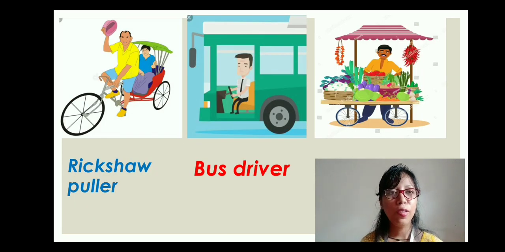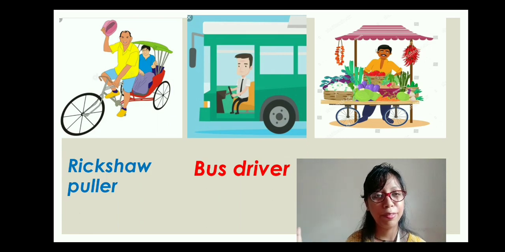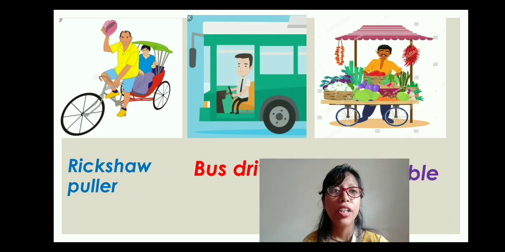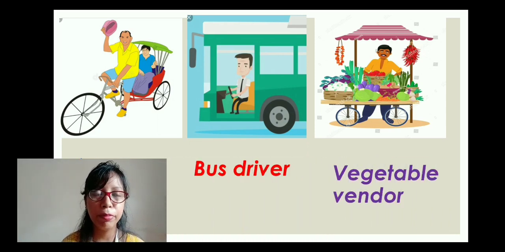Now, along with those previous jobs, there are few jobs or roles that are being done by other members of the family. Some members might be a rickshaw puller, some might be a bus driver and some might be a vegetable vendor.